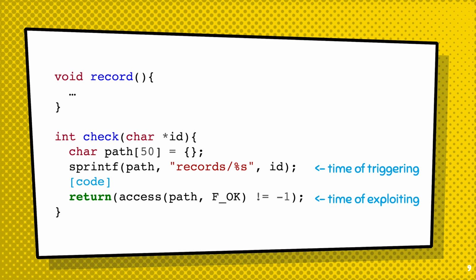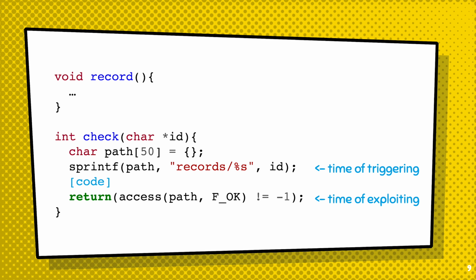However, right after it gets overwritten, it will not jump to the saved RIP immediately. There might be more code that is executed before the function returns, and the shellcode will not be executed until that code finishes and the function returns. The time that the function returns is the time of exploiting.